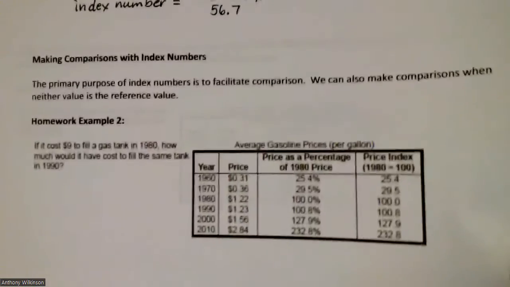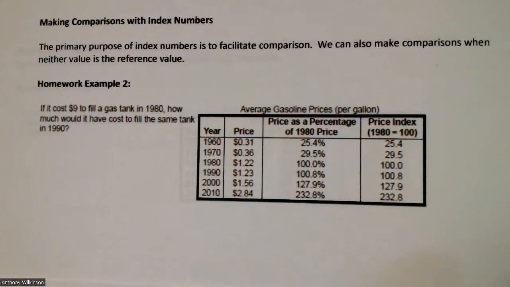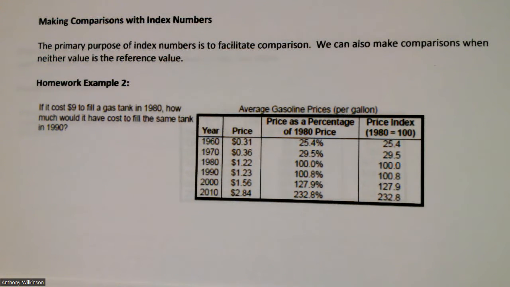All right, now let's look at making comparisons with index numbers. The primary purpose of index numbers is to facilitate comparison. We can also make comparisons when neither value is the reference value. Like in this example, if it costs $9 to fill a gas tank in 1980, how much will it have to cost to fill the same tank in 1990?